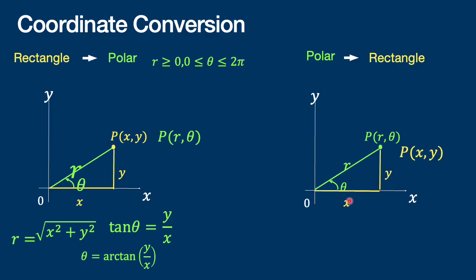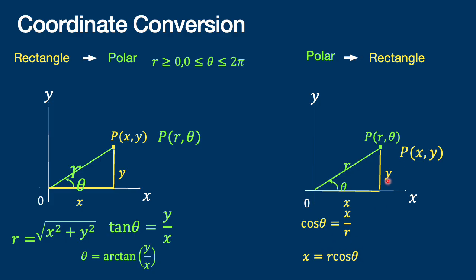Think about the trigonometry for a right triangle. This one is adjacent, so we have to use cosine. Cosine theta is x over r, which means x is r cosine theta.